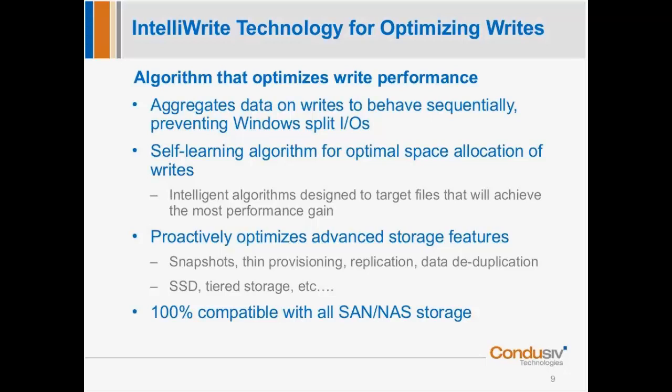Now, IntelliWrite can use that data to accurately and dynamically adjust how to allocate space for file writes to eliminate the vast majority of those split IOs, without causing the free space to become divided into small segments.